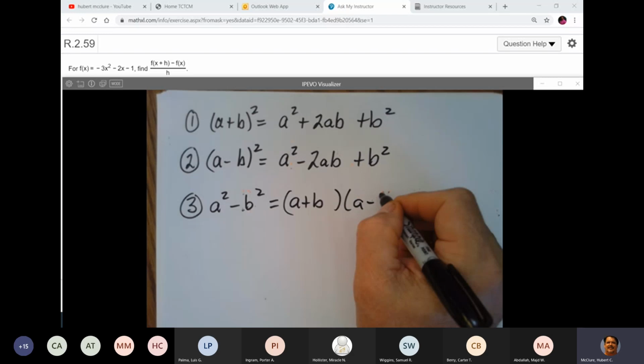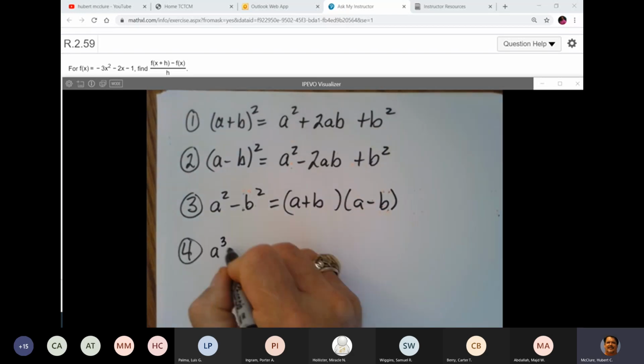4: a cubed plus b cubed is equal to a plus b times a squared minus ab plus b squared. I always get this one mixed up. And 5: a cubed minus b cubed is equal to a minus b times a squared plus ab plus b squared.